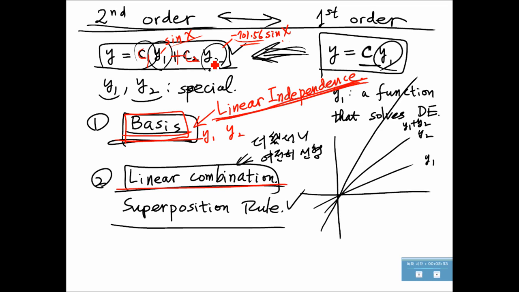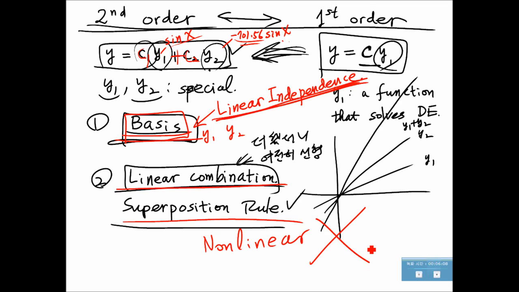That's called the superposition rule, and it's a very important property of the linear system. If it's a nonlinear system, you cannot use that principle. Then it's a totally different thing. You have to invent a new methodology, a totally different stuff.